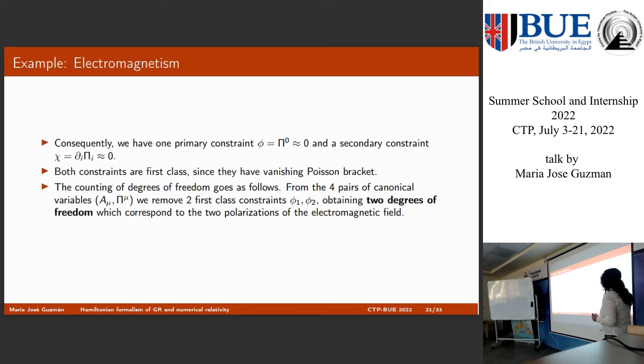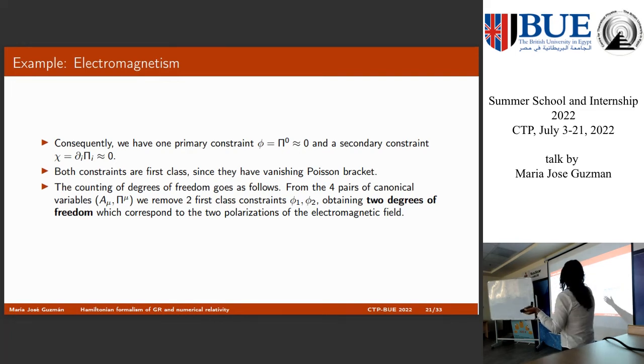As I told you, in physical theories it's better to talk about first class and second class constraints. If I apply the Dirac algorithm to this theory, I compute the Poisson bracket between this primary constraint and this secondary constraint, and I get zero. It means that these four constraints are first class, and they produce gauge transformations in electromagnetism, which I'm not showing here, but I can show later if you want.